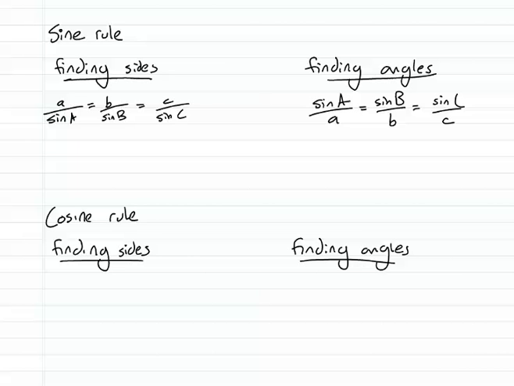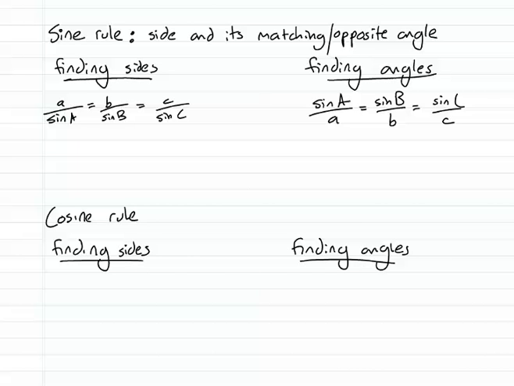We can use the sine rule if we have a side and its matching, or opposite, angle. If we've got a side and the angle opposite and one other piece of information, we can use the sine rule.